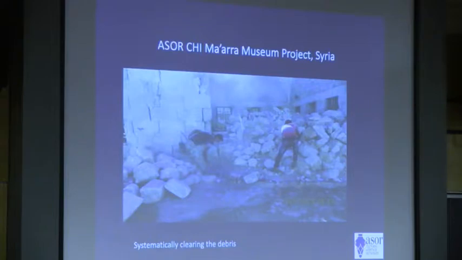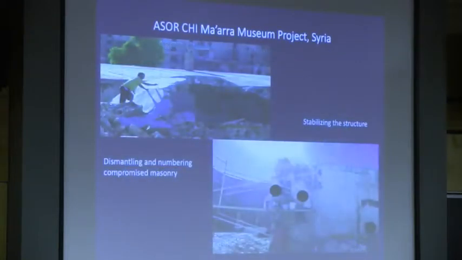So the first step would be just clearing off the debris in these sites, numbering the stones so you know where they came from, and putting them into an area where it's safe for them to remain, but where they're available for rebuilding. Anything that's going to fall, taking it down before it falls and does further damage. Stabilizing what you can.